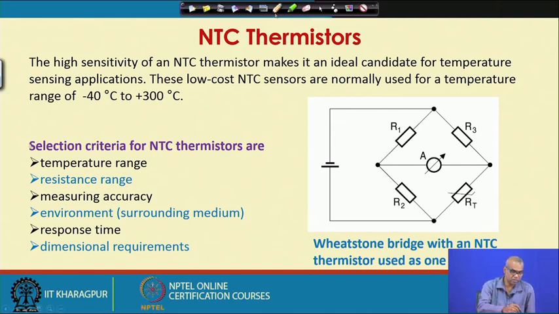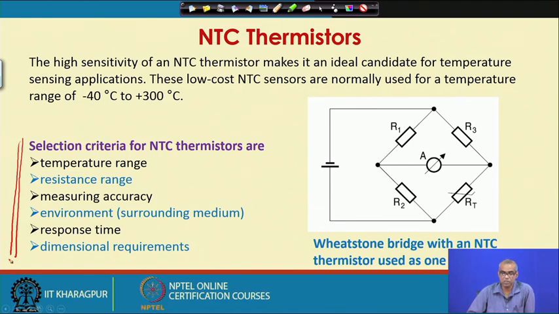So, these are the factors which will govern the selection of NTC thermistor. What is the range over which the temperature will vary, what is the resistance range, what accuracy is required, what kind of environment in which you have to perform the temperature measurement, what is the response time and what is the dimensional requirement.